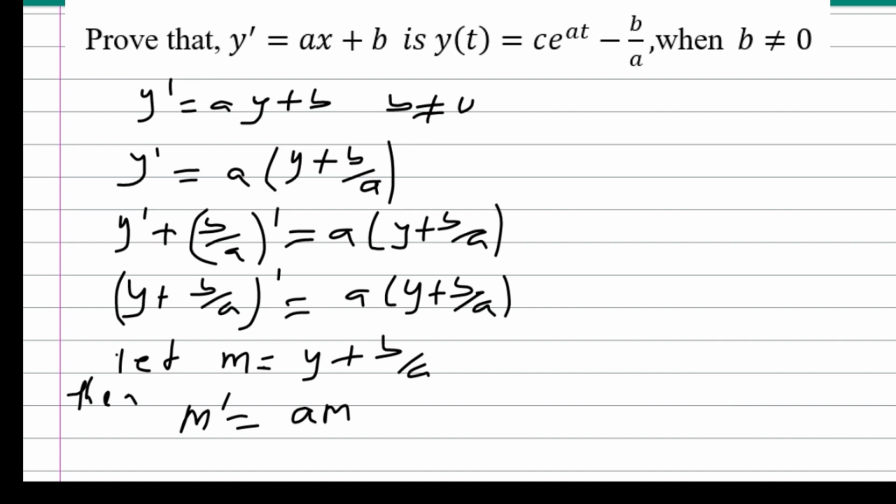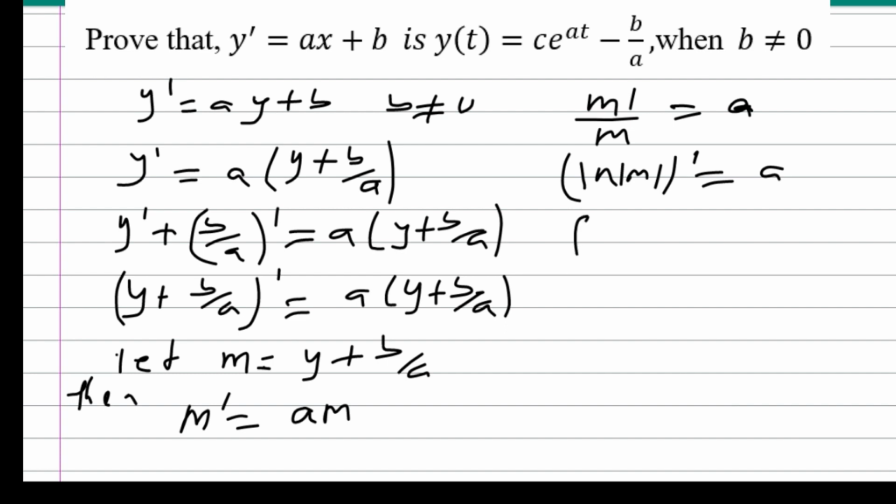Dividing through by m, I have m prime over m equal to a. Likewise, as in the first example we did, I take the absolute value of ln of m, which is equal to a.